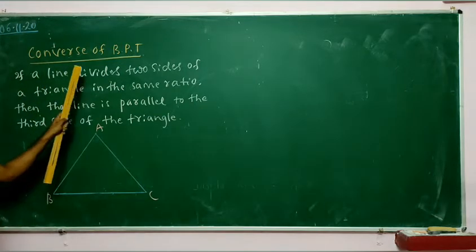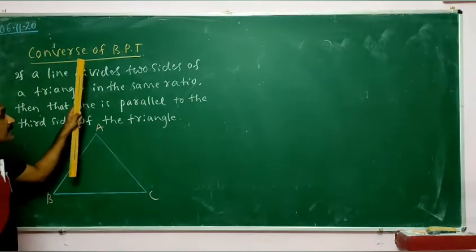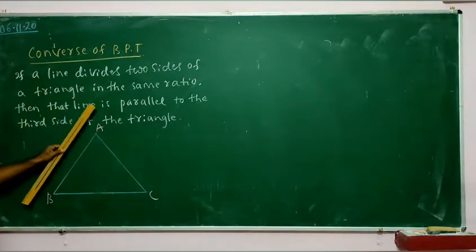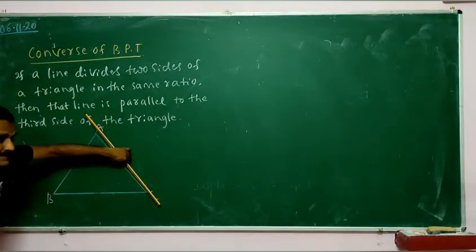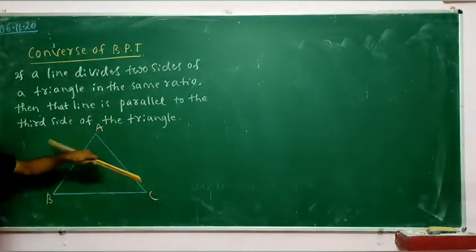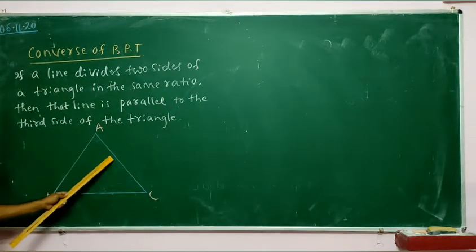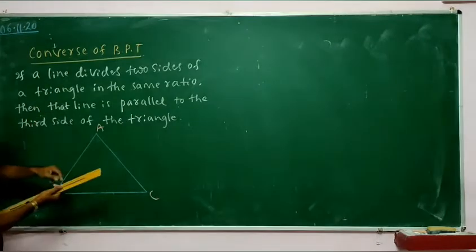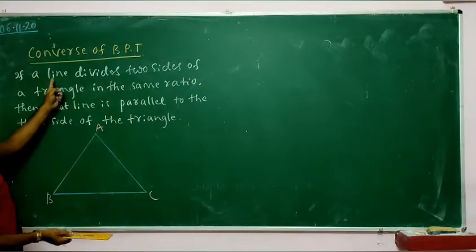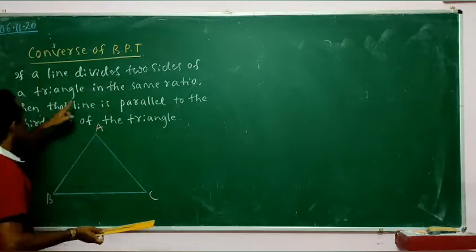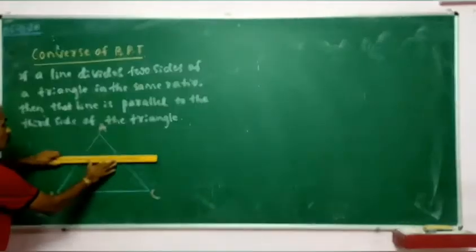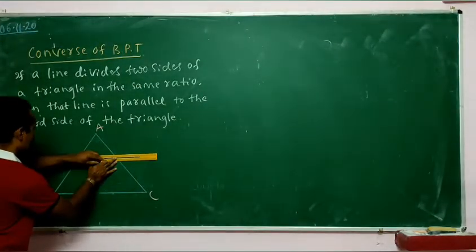If a line divides the two sides of the triangle, I will take this as my first side, and this is the second side of the triangle. अब ये दोनों साइड्स को क्या करना है मुझे? I have to draw a line which divides the two sides of the triangle in the same ratio. मुझे ऐसा एक लाइन ड्रॉ करना है.